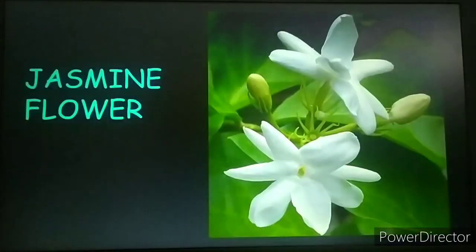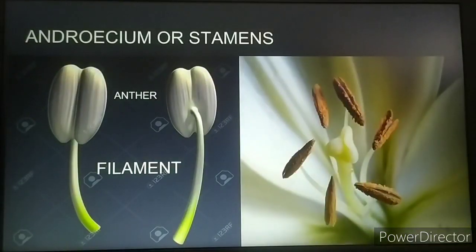Then we have to discuss the third whorl of a flower, which is inner to the petals. It is formed of stamens. This is the stamen. This complete structure is called a stamen.